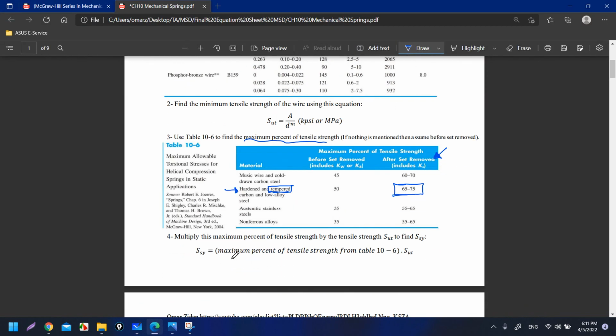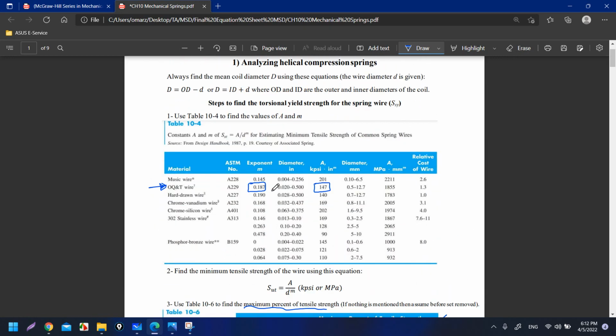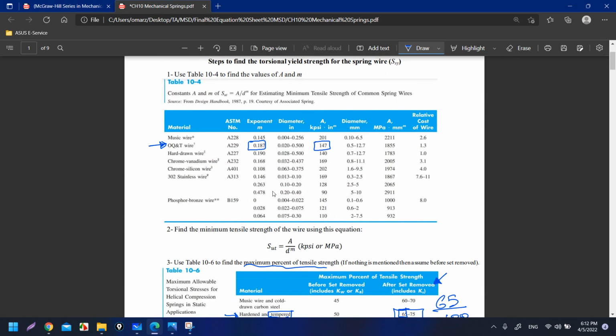Why? If you see how we can calculate the torsional yield strength, we will multiply the maximum percent of tensile strength from table 10.6, this one, 65, or we multiply by the percent, so it is 0.65. In this table you take the percentage; if it is 65 it means 65 over 100, which means 0.65 times the SUT. In order to calculate SUT you need table 10.4, in the material oil quenched and tempered, so we use this row.